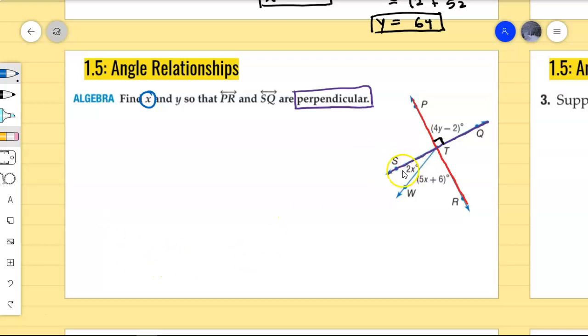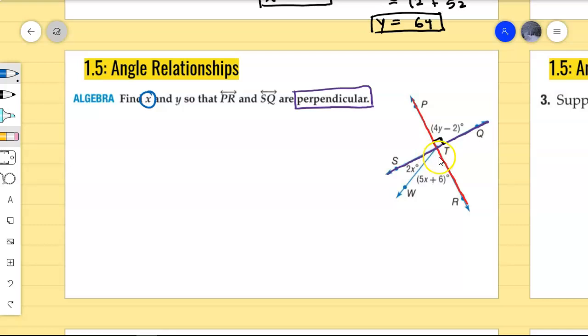Notice how there is an x right in this angle right here in STW, and there is an x mentioned in RTW. But isn't there a relationship between those two? And the truth is that if you were to take the two angles STW and RTW, they're actually complementary to one another, aren't they?